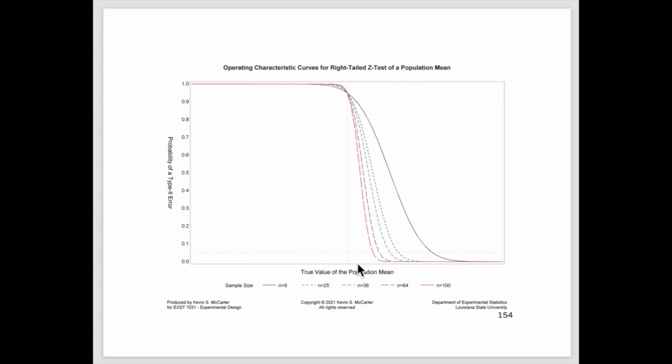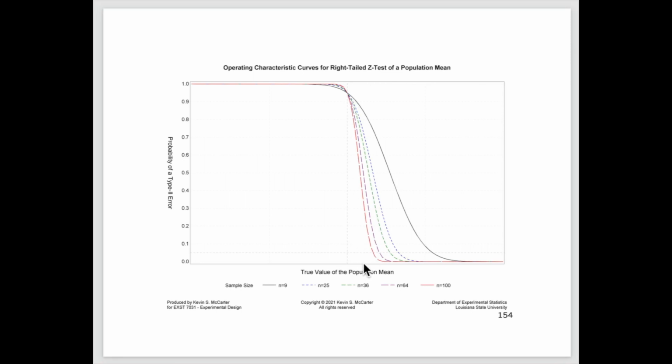Now, if the value of mu happens to be to the right of mu naught, but not too far to the right, then again we see that there is a very large probability, a very high likelihood that we will commit a type 2 error.